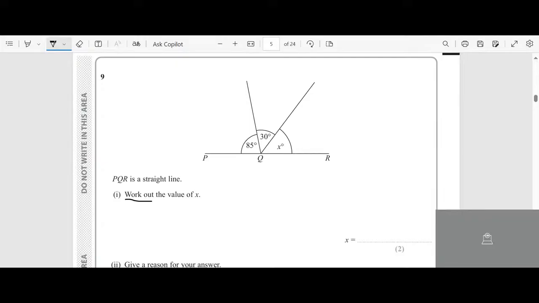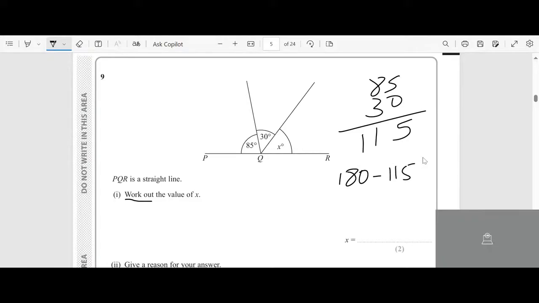So the one that I'm going to use is the two of them. A student will say that I have 85, you add 30, and this gives 115. Then you say 180, subtract 115. Then they press their calculators: 180 minus 115 gives 65. Automatically, you'll say that this is an acute angle, so it should be less than 90 degrees.